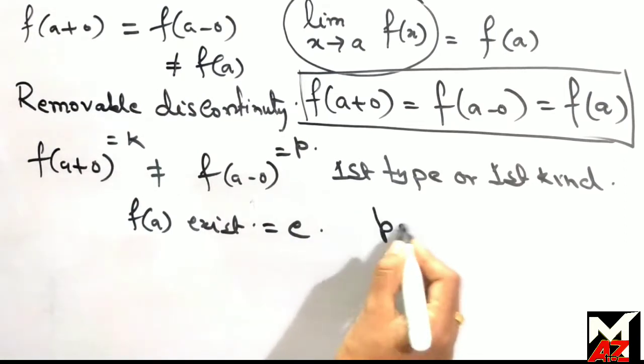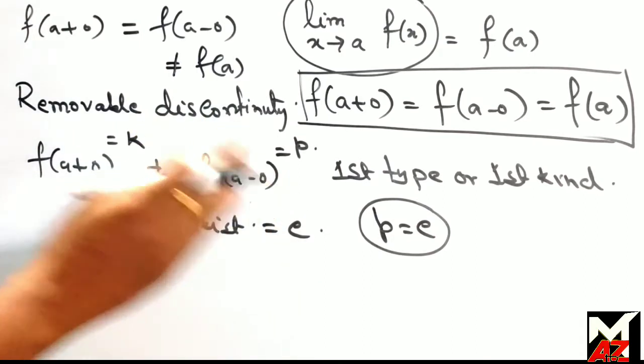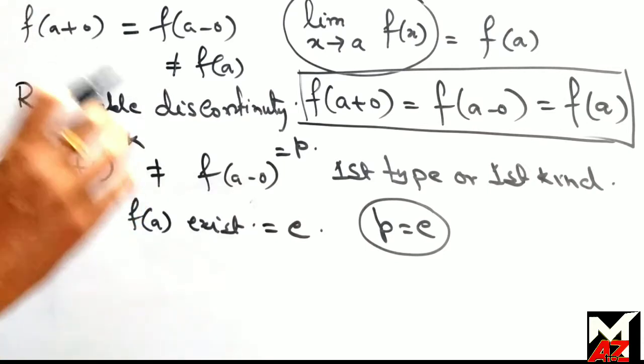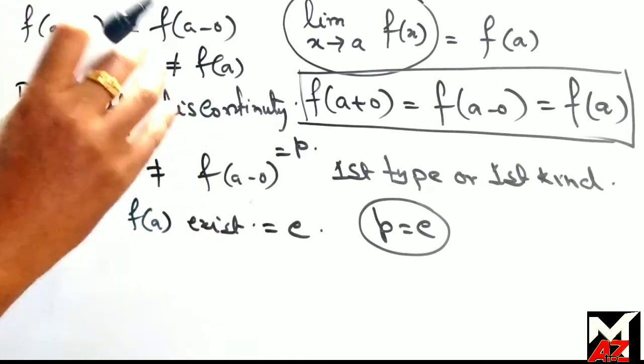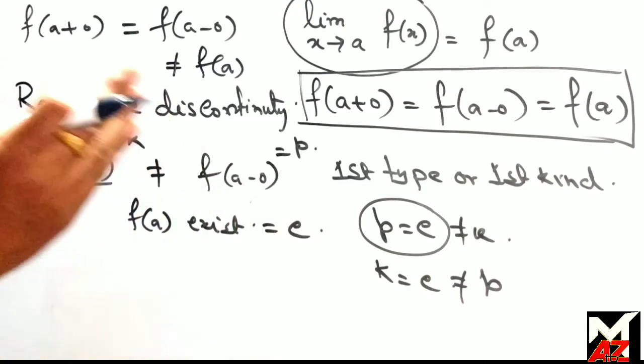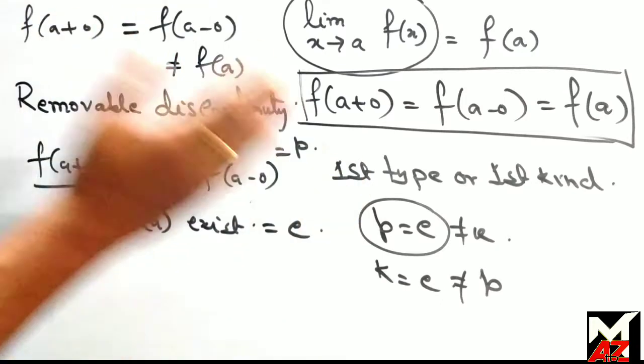If p equal to c, that is, left hand limit and functional value are equal but not the right hand limit, then we say that this type of discontinuity is first kind discontinuity from the right. Similarly, if k is equal to c but this is not equal to p, then similarly we say that this type of discontinuity is discontinuity of first type from the left. So this is first type, from the right and from the left.